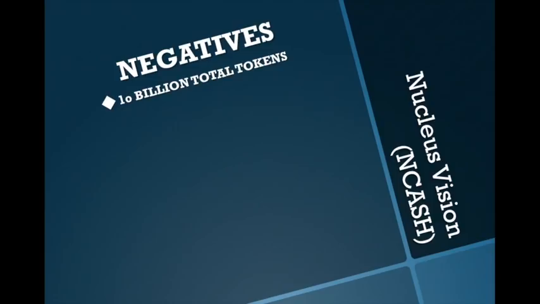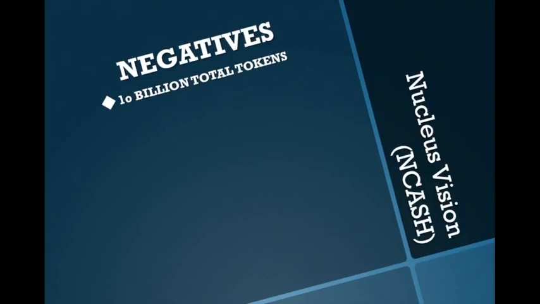NCASH has a massive, massive following. I'm on their Telegram group, and there's not a single Telegram group in the cryptocurrencies that I even own that is anywhere near the amount of community that they have. They have 90,000 Telegram members asking questions, going back and forth. You don't see that much.